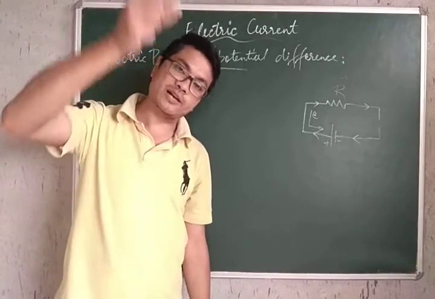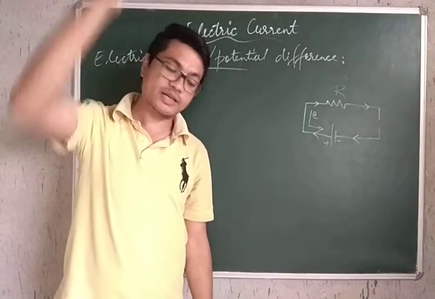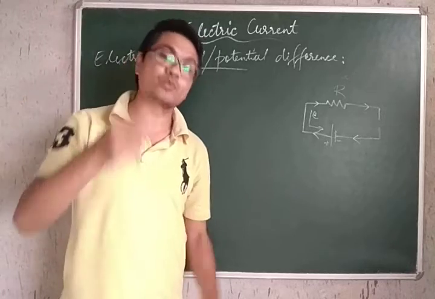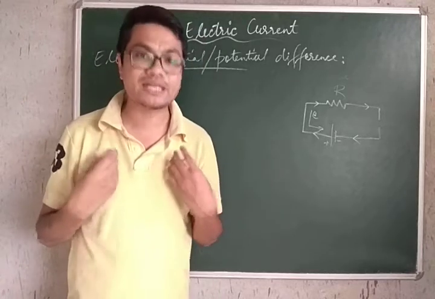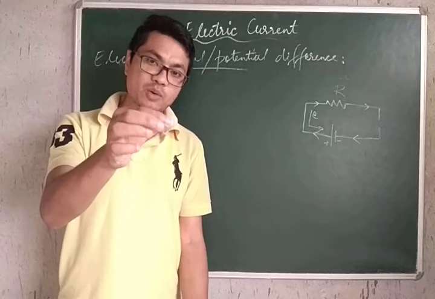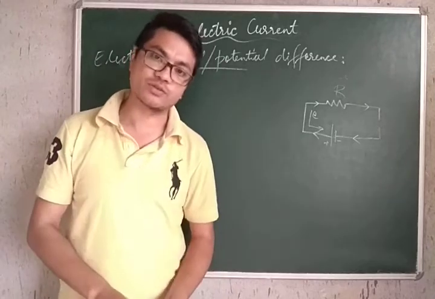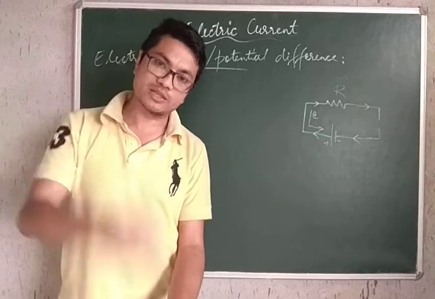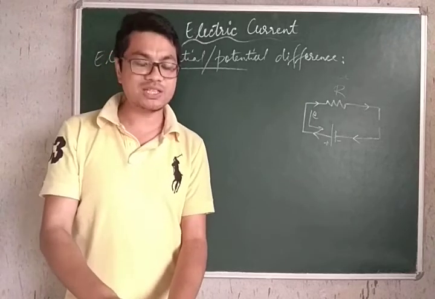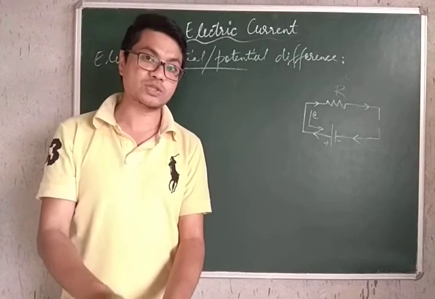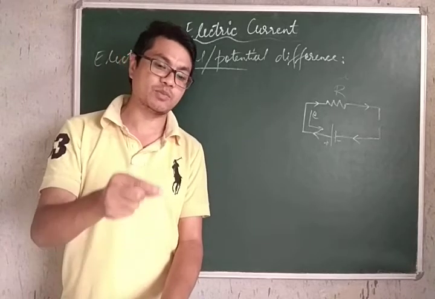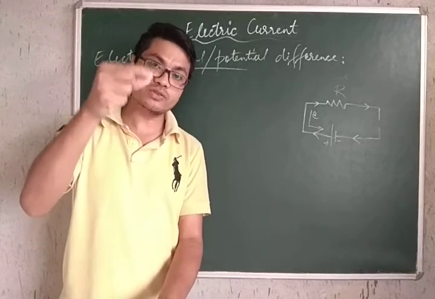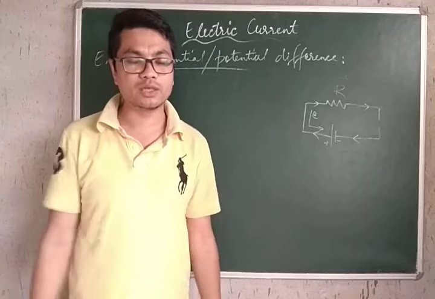To lift it up we, meaning an external agent, have to do work. Why? Because this body is all the time being pulled by the force of gravity, but against the force of gravity, I am lifting this body up. So to lift this body up, obviously I have to do work.